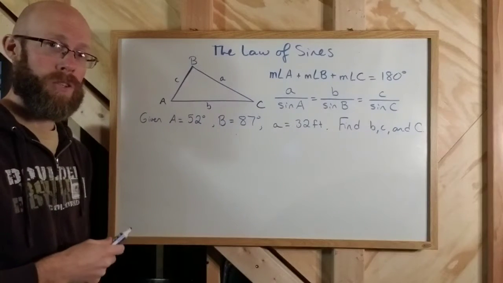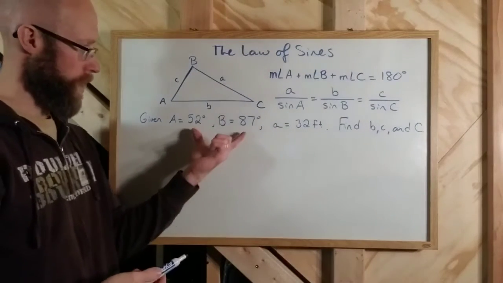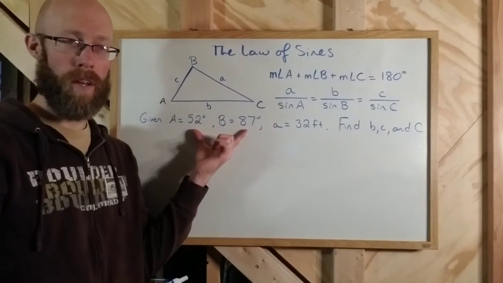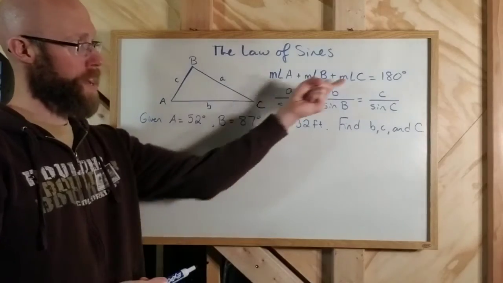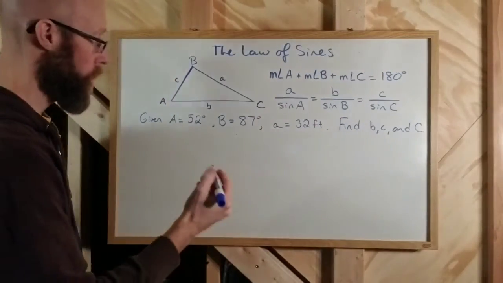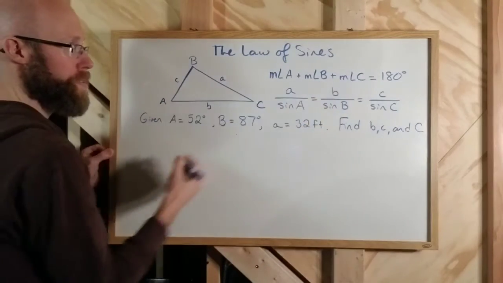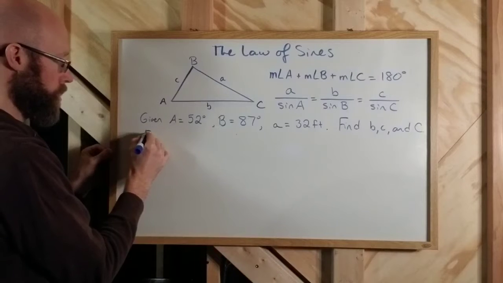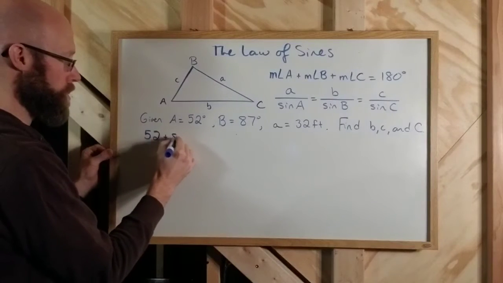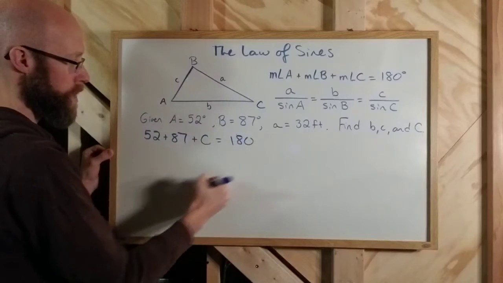Alright? So now to do that, the first thing I would do is I've got two angles here. I can easily find the third angle by using the angle sum formula. Okay, so I would just plug in the first two angles, leave C as unknown, so 52 plus 87 plus C equals 180.